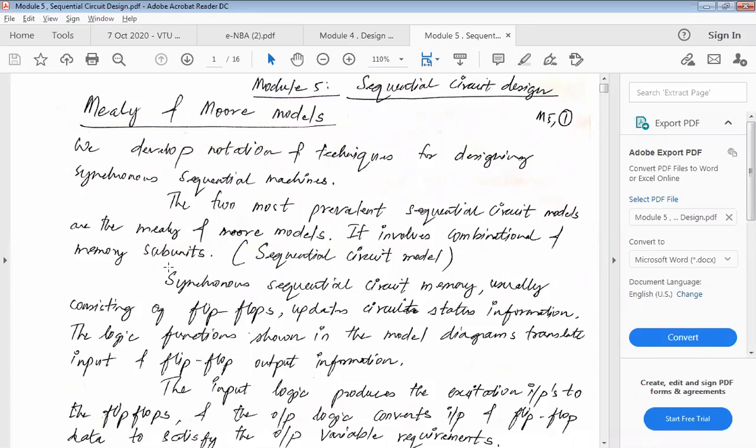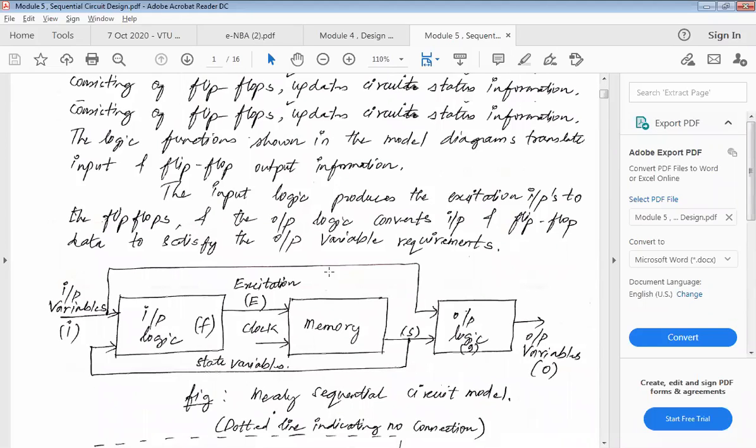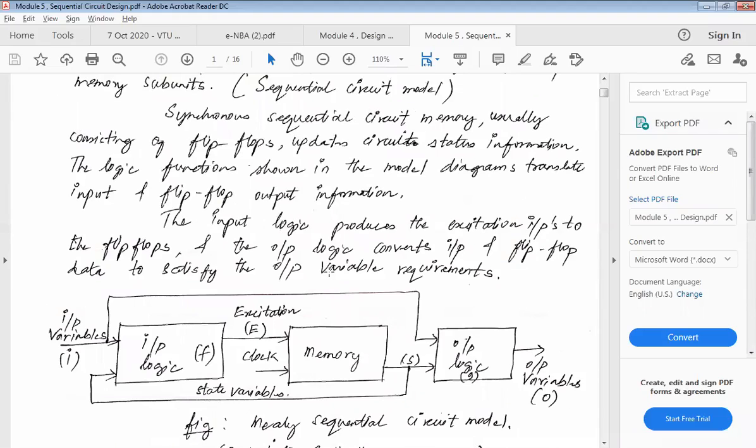As I told you, we cannot call it combinational because it has a memory block. If there's a memory, then we can call it a sequential circuit, right?